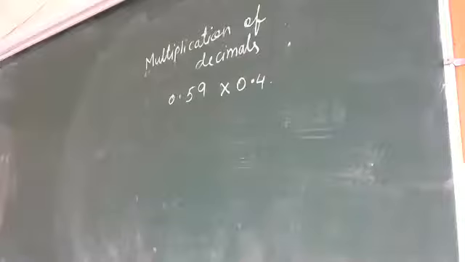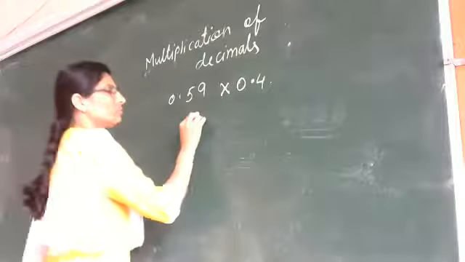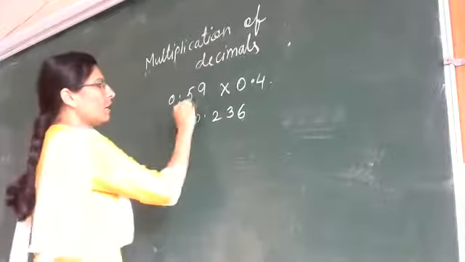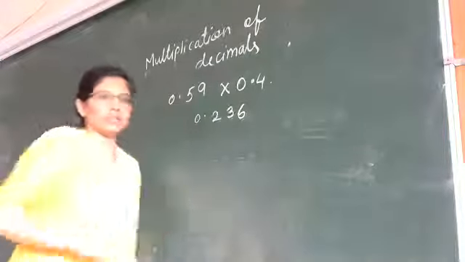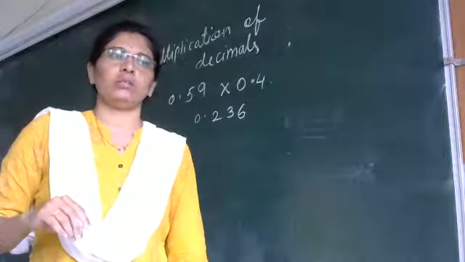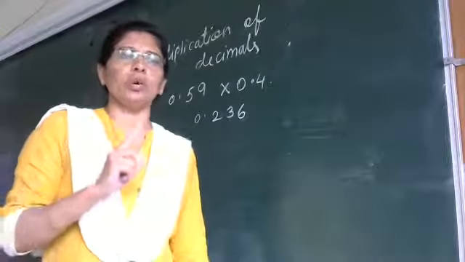Multiply and tell me the answer. 0.236. Here after the decimal, 1, 2, 3 digits are there. Correct? All got the same answer? Yes. All understood now how to do?